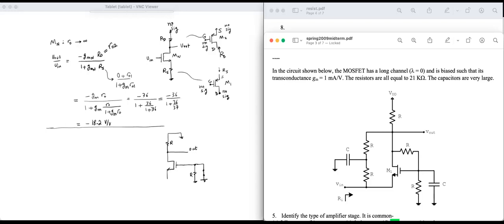And the resistor between the gate and the drain of M1 is now between the drain and ground, and the drain is the output. So the resistor between drain and gate, I can show it like this.